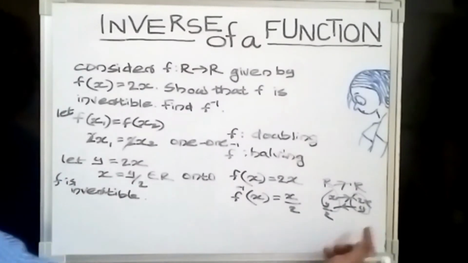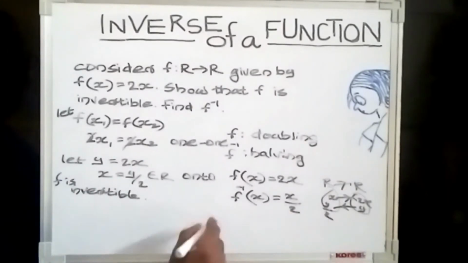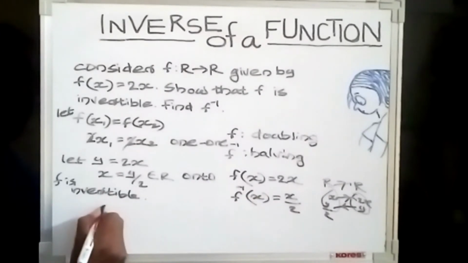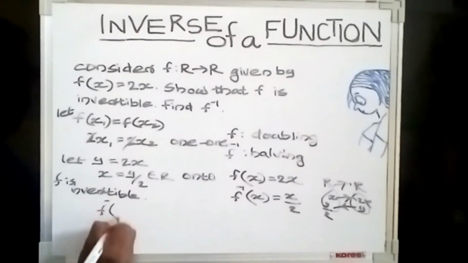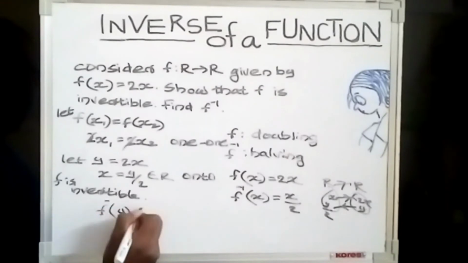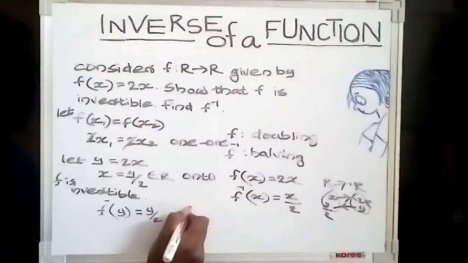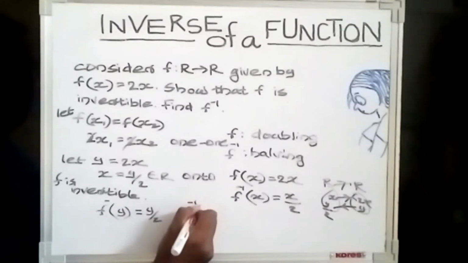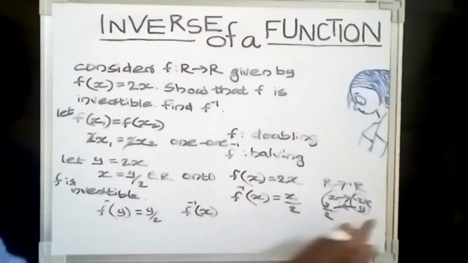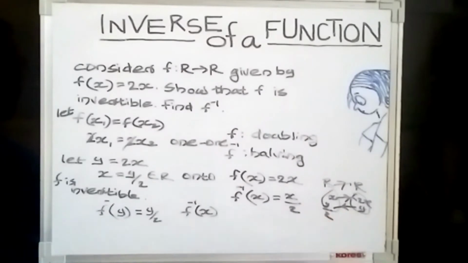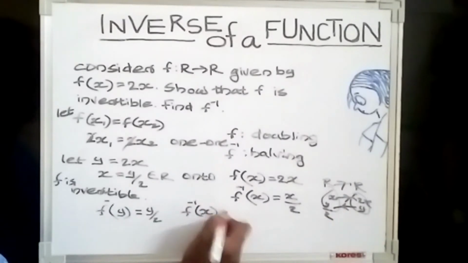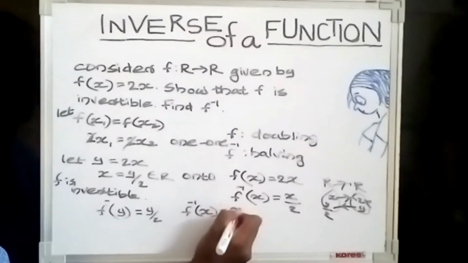And what is the inverse of the element y? It is y by 2. We can write f inverse of y equal to y by 2. Or if x is an element of the second set, its image under f inverse is x by 2. F inverse of x equal to x by 2.